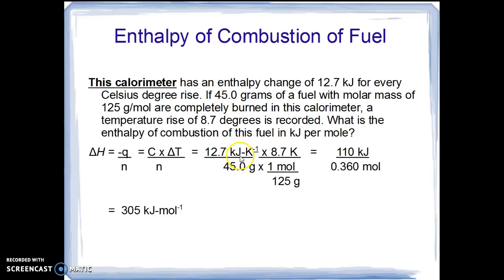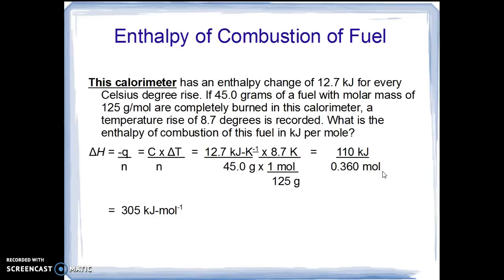12.7 kilojoules per degree change is the C. We multiply that by the temperature change, which is 8.7 K, and we divide that by the number of moles, which is the 45 grams divided by the molar mass, 125 grams, or 110 kJ on the top, 0.360 moles on the bottom.